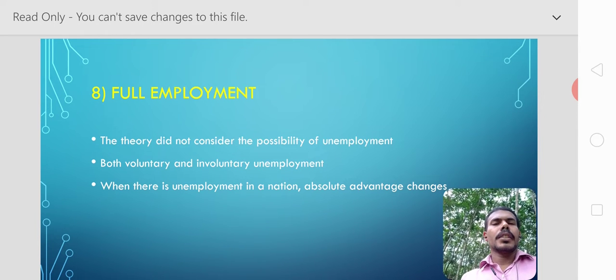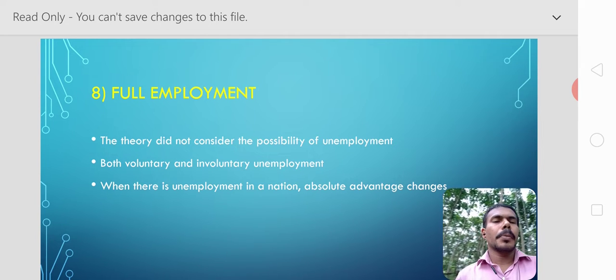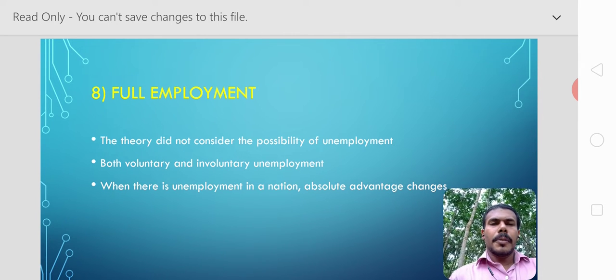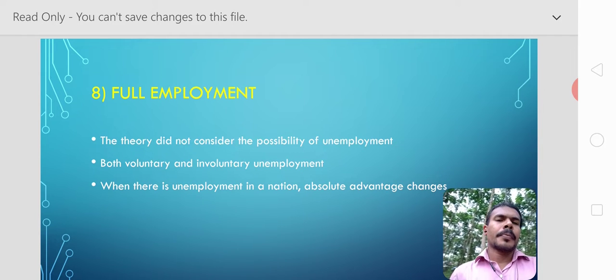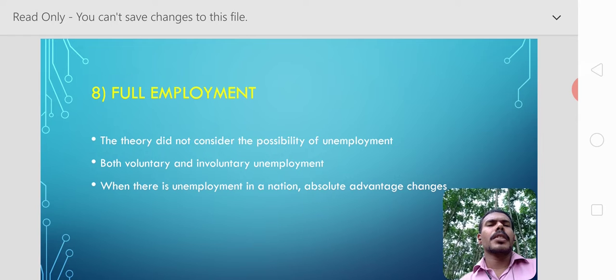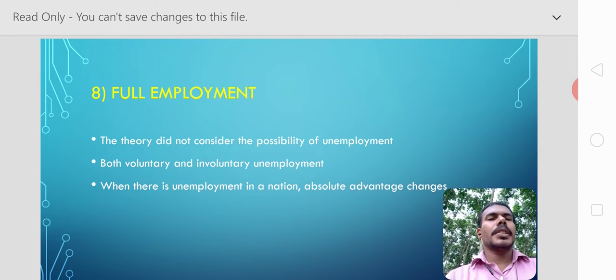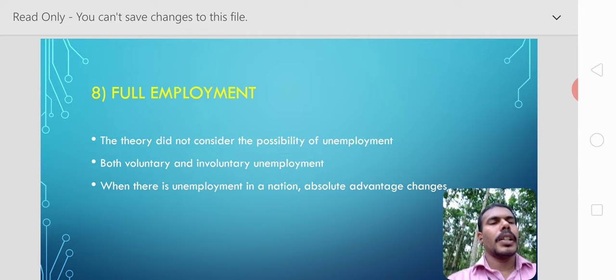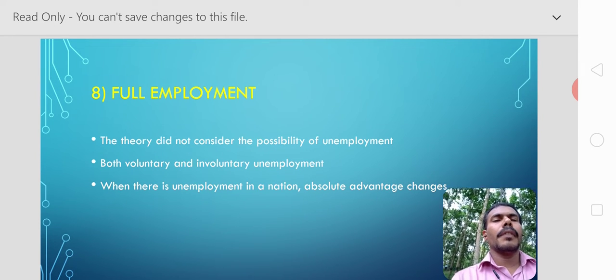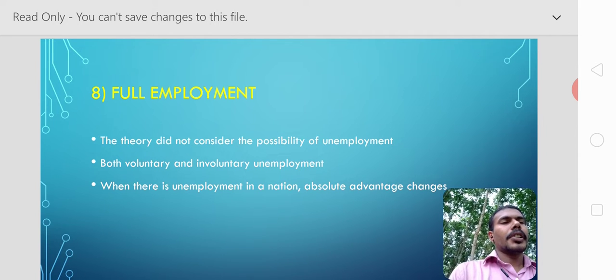But in fact there are so many people remaining unemployed, as you can see in the present day situation. So when some laborers remain unemployed, it will affect the absolute advantage and production capacity of the nations. So the trade then will not be according to the classical theory.